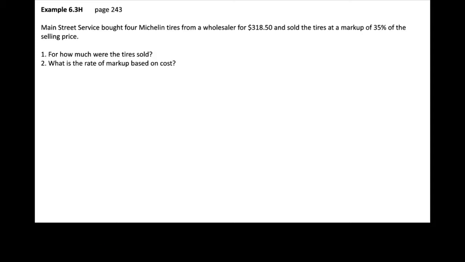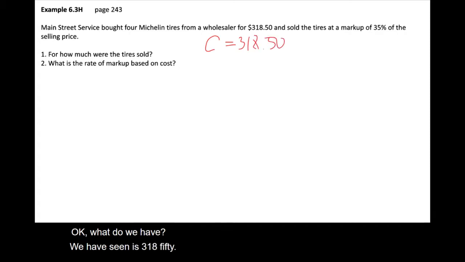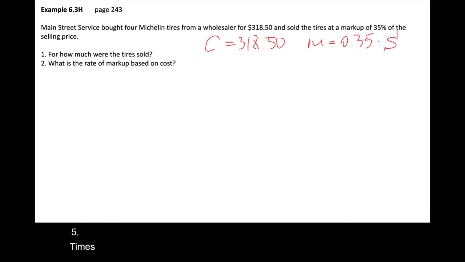Okay, what do we have? We have C is 318.50. Markup is 0.35 times S. That should be M. So first question, price, right?